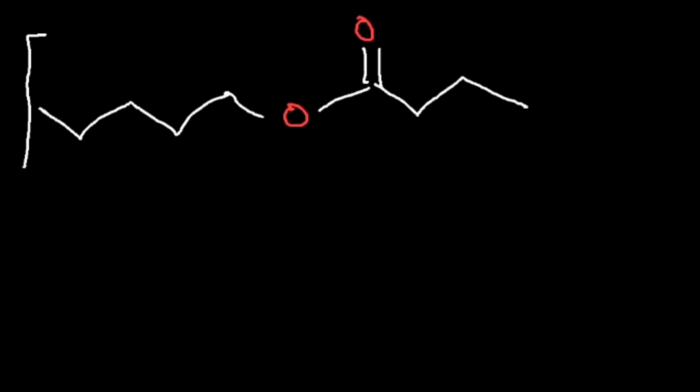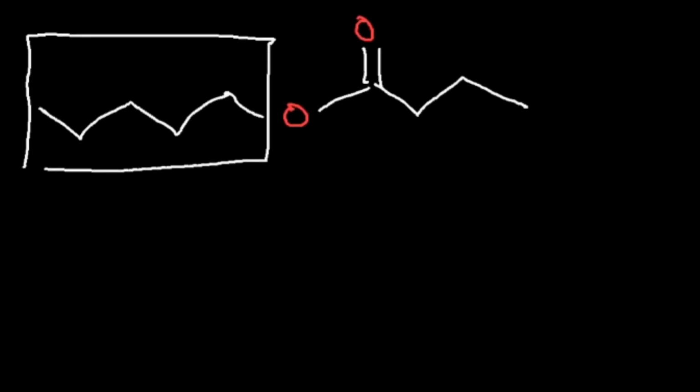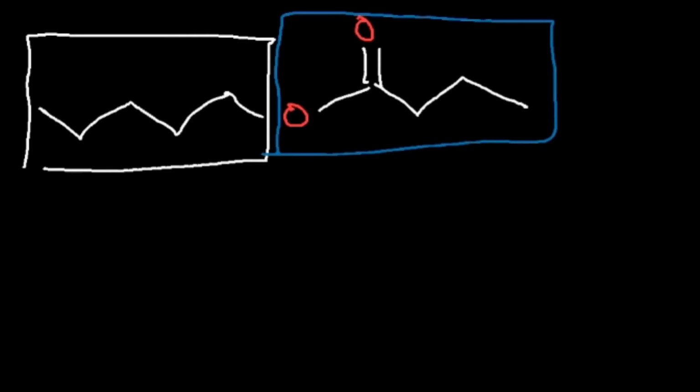So let's separate it into 2 parts. On the left, we have 5 carbon atoms, and on the right, we have 4. So what is the name of this particular ester?